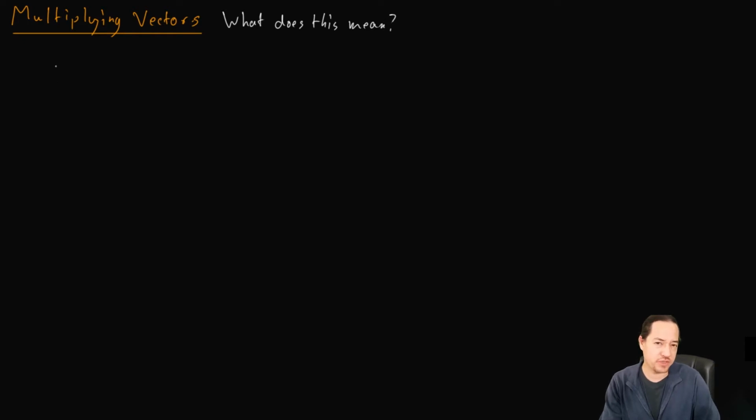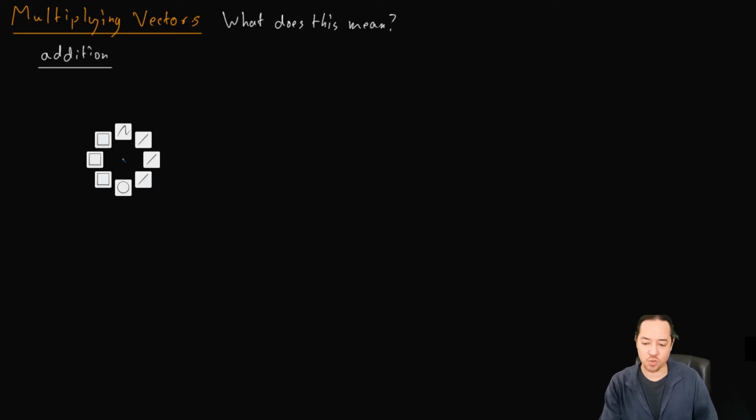We've looked at a few different types of vector operations. For example, we looked at vector addition. With vector addition, we had this idea that you could have two vectors.